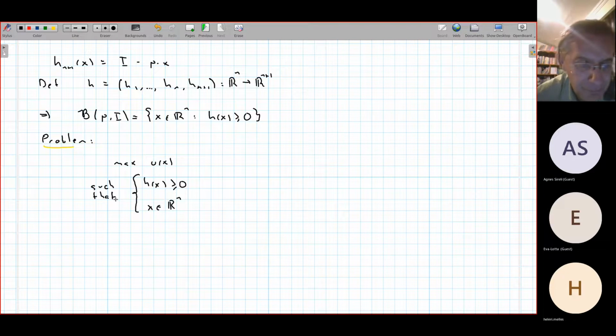Which is an inequality constraint problem, right? And essentially every problem that we have seen can be rewritten in this form. So it will be to maximize or minimize some function subject to equality constraints or inequality constraints.